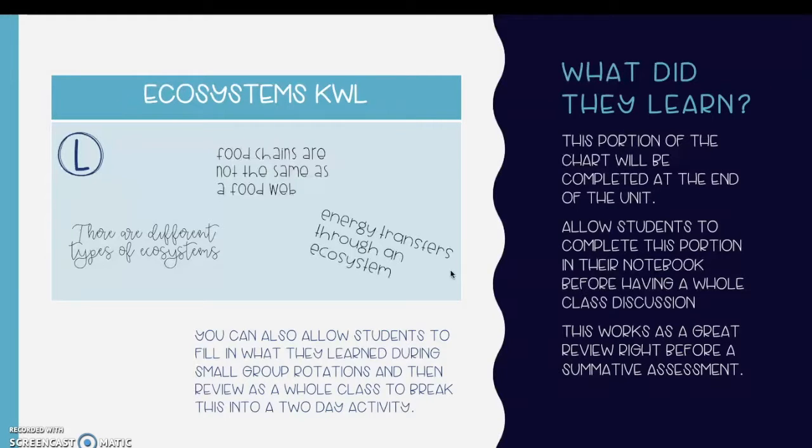So let's say you have a review day before an assessment. Part of their activities for that is filling this chart in on their own, and then the next day you're having that whole class discussion right before they take their assessment.